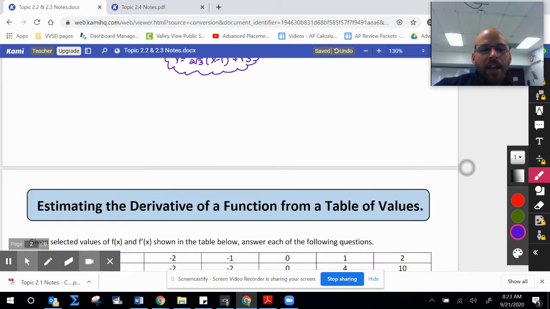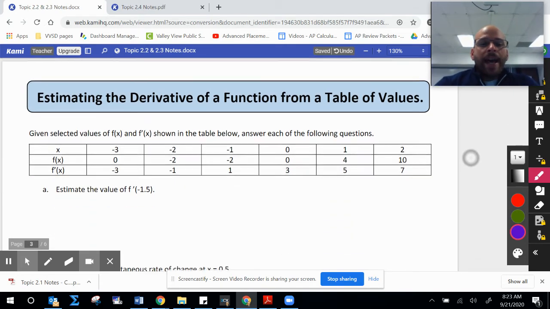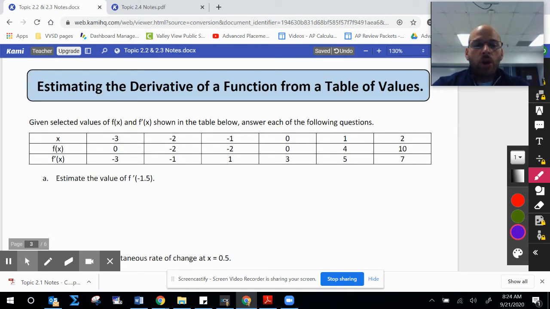Okay, now that was section 2.2. 2.3 is just trying to estimate the derivative or the slope at a point from a table of values, right?